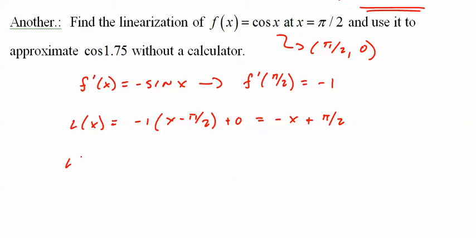Check it for 1.75. Whoa, wasn't it 1.75 minus pi over 2? No, this was our center. Now we're looking at spots next to it, left and right of it. Oh, by the way, pi over 2 is approximately 1.57, so we're actually pretty far away. We're 0.18 away. That's a lot. But if we plug that in, we will find we get negative 0.178.